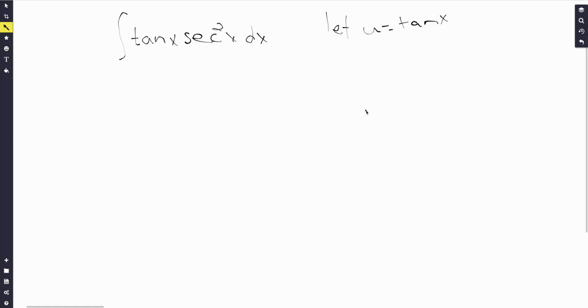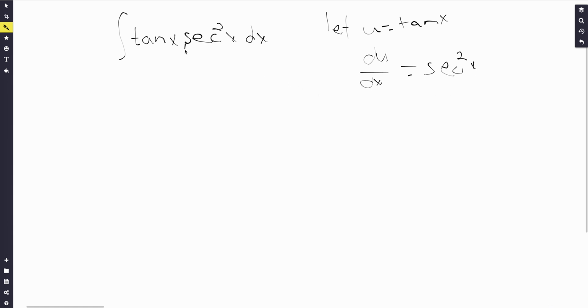Now there's a reason I did that, because if we go back to my previous video on derivatives, in the worksheet I said that the derivative of tangent x, so we read this as du over dx, is actually equal to secant squared x. And why is this important?